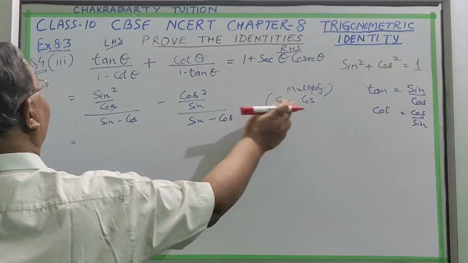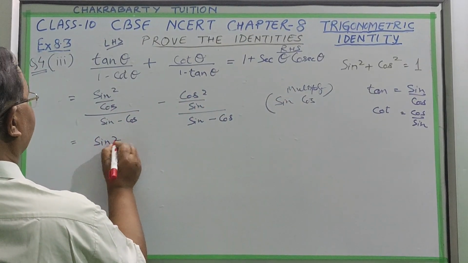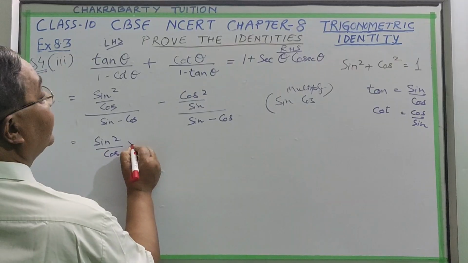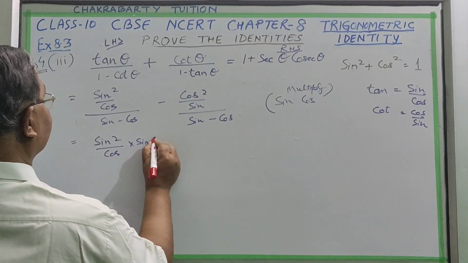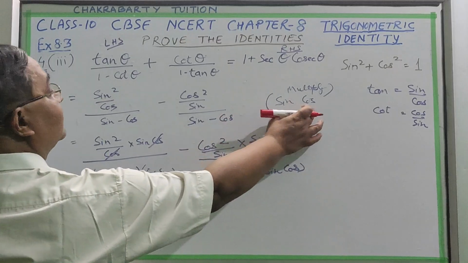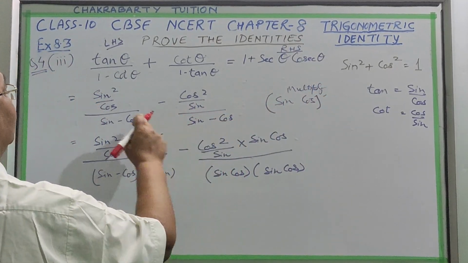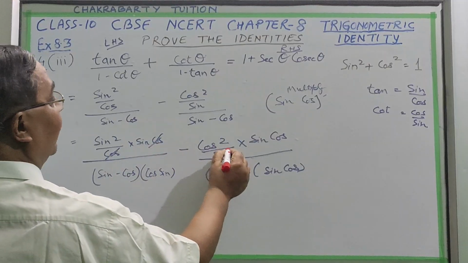So what will sine and cos will multiply this also. So sine square upon cos into sine cos, and it will cut. Okay. So it will multiply both the sides, numerator and denominator, both the sides. So what will happen?